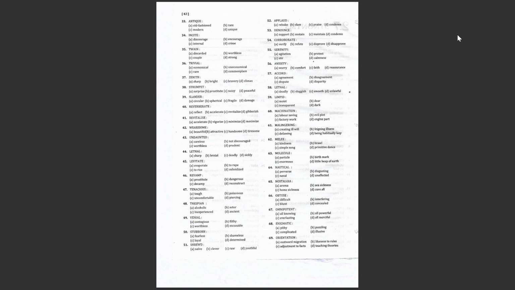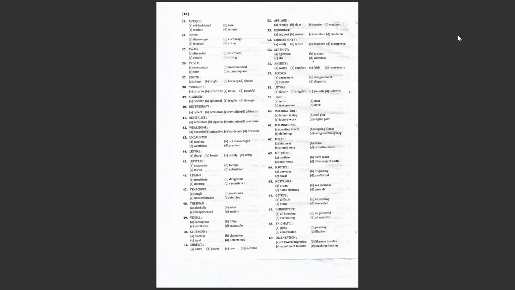Accord. Accord का मतलब होता है harmony. Accord means harmony. Agreement, harmony, shanti. That is known as accord. 57 का correct option would be A, agreement. Accord का antonym बताइए चलिए. I'm sure most of you know what the antonym for accord is.